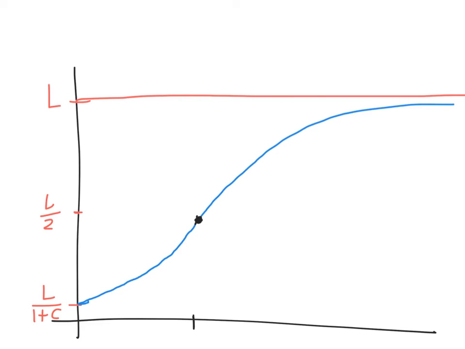In the inflection point, the time itself is a little bit complicated, but we've made this interesting observation that the function flips from concave up to concave down at exactly the point where the value of the function reaches half the limiting capacity.